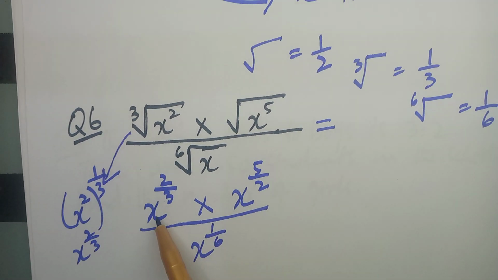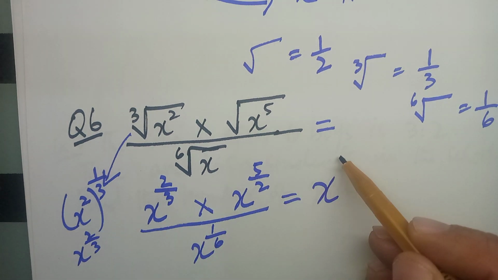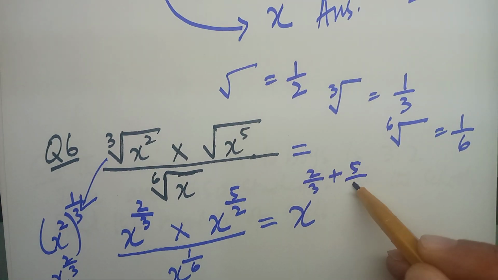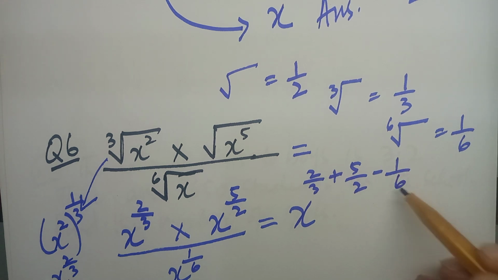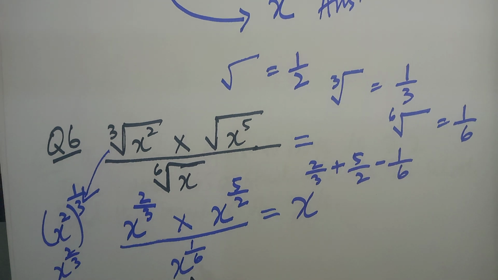Okay, now again the rule of indices: same bases multiplying with each other, we have to add the powers, and in the form of division we will subtract the powers. So x raised to the power 2 upon 3, then plus 5 upon 2, and then I will subtract 1 upon 6 from the addition of 2 upon 3 and 5 upon 2, because this is the division form.